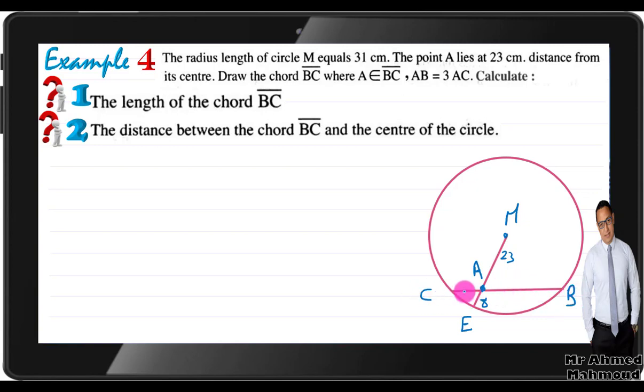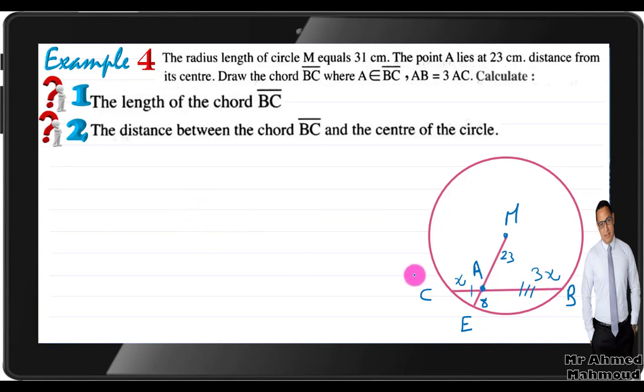AB is triple AC. Okay, 1, 2, 3, and here 1. Calculate the length of BC. Okay, now, as we studied last time, let this one be called x. So this part equals 3x.